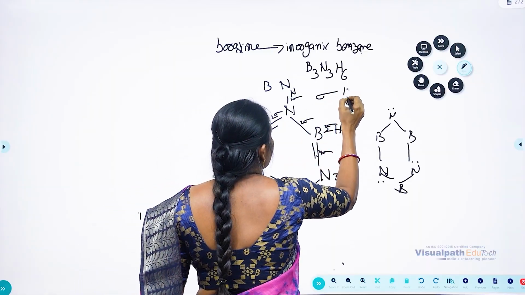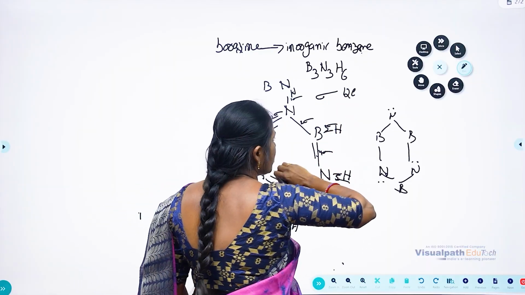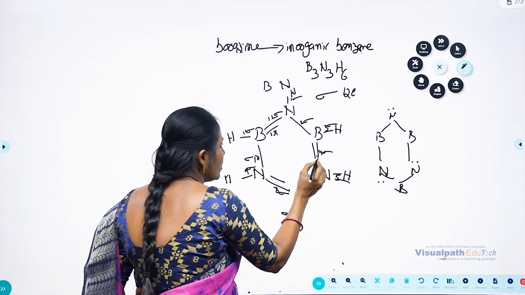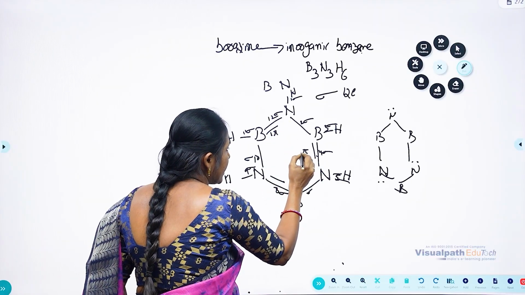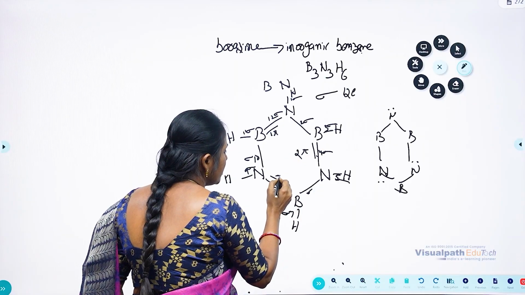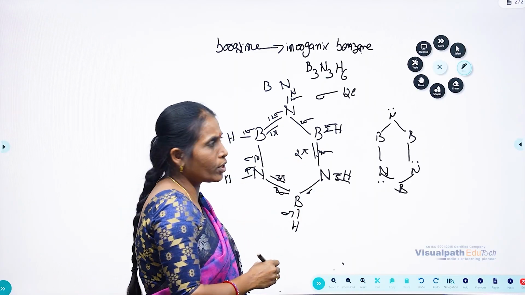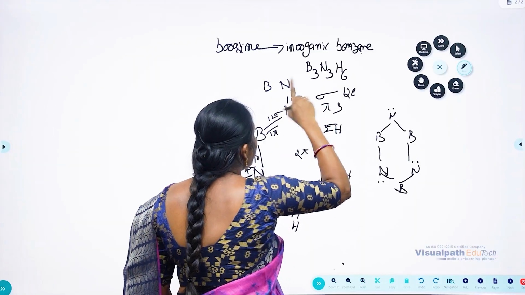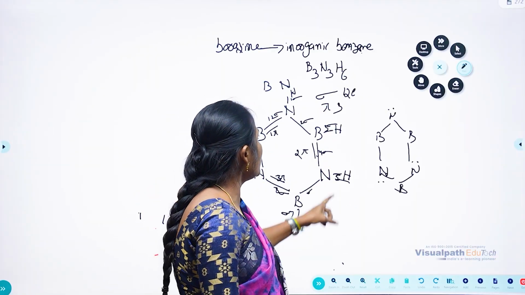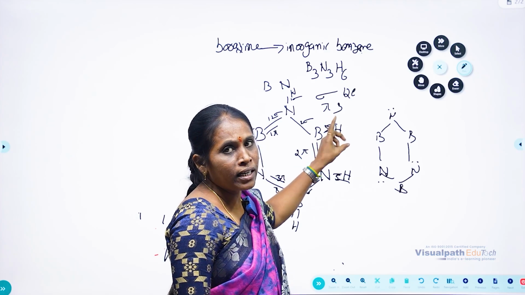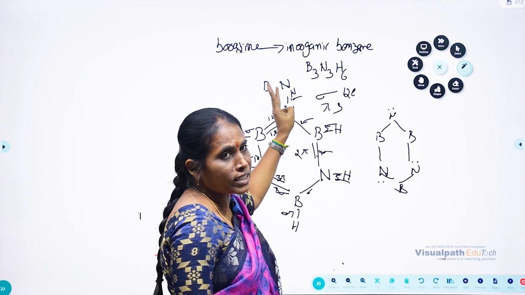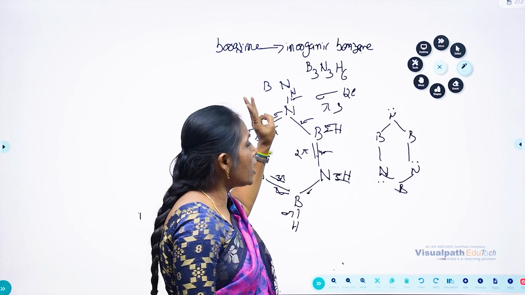And how many pi bonds are there? Here is the first pi bond, here the second, and here the third. So total 3 pi bonds. In this borazine there are 12 sigma bonds and 3 pi bonds. So this is borazine. Borazine is also known as inorganic benzene.